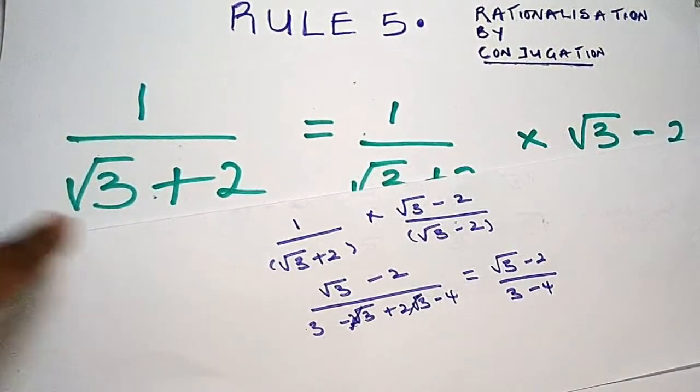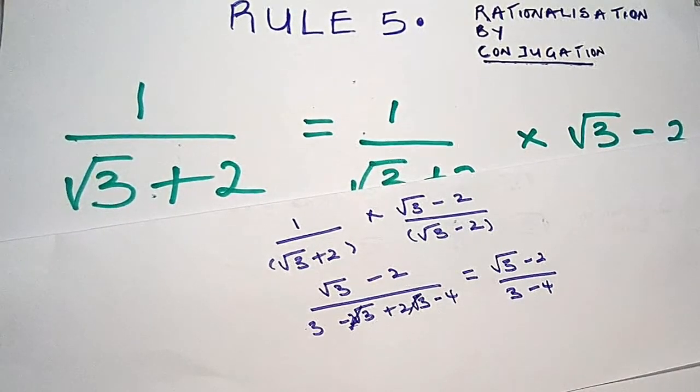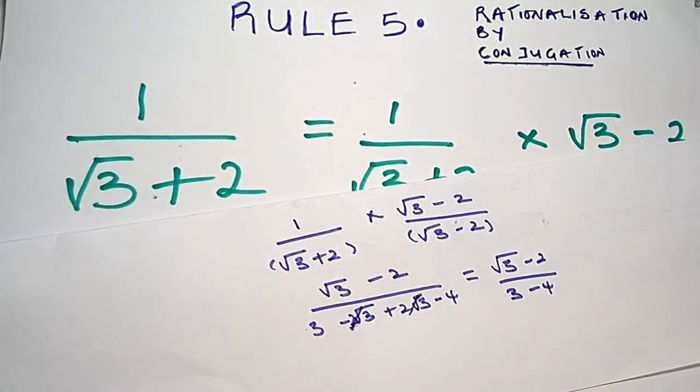But if it is in this format, then you have to rationalize by conjugation. Remember to change the signs when you're multiplying the top and the bottom. So that is it for the five tips that you need to understand any surd problem. If you understand these tips, you can solve any surd.